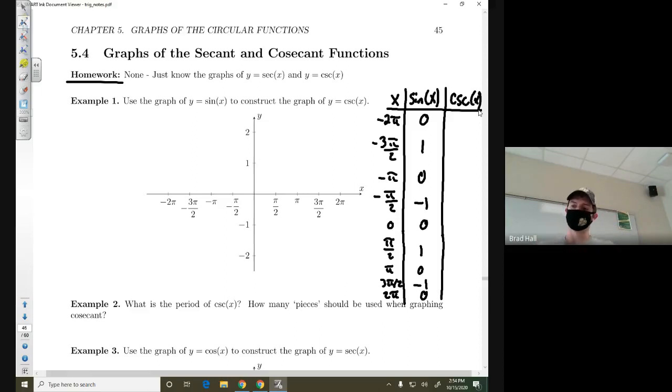So really, how does this translate to cosecant? They're just reciprocals. So all the 0 ones are going to be undefined. Okay, so there's a reciprocal. Let me use red.